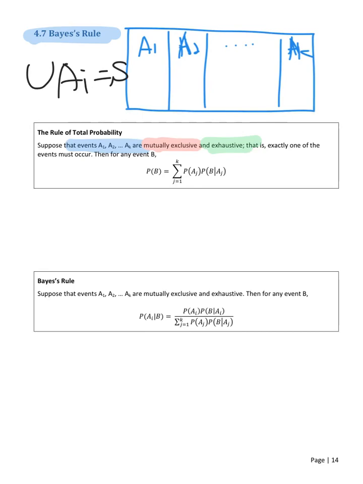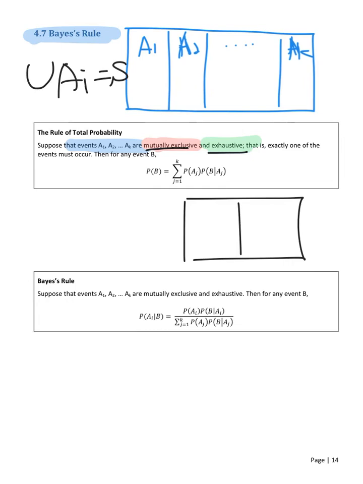That is mutually exclusive and exhaustive, by the A's. Simply, when I have male or female, then I just separate the sample space into two parts.